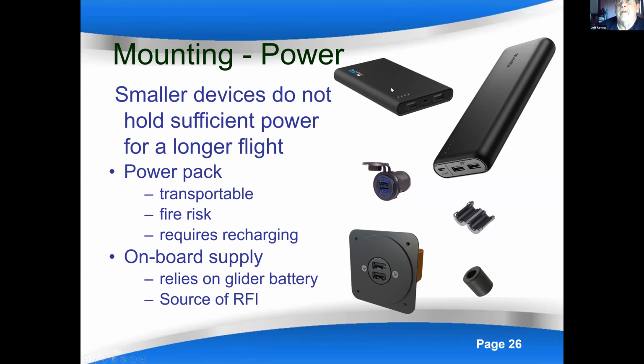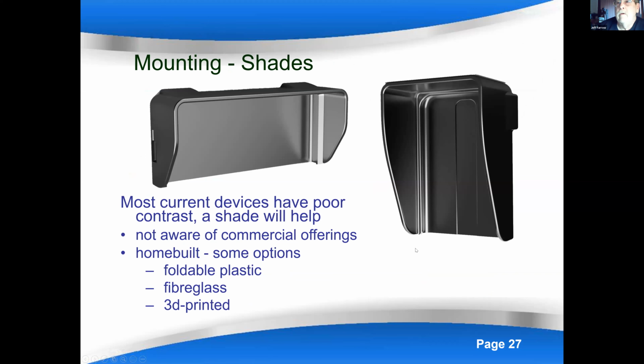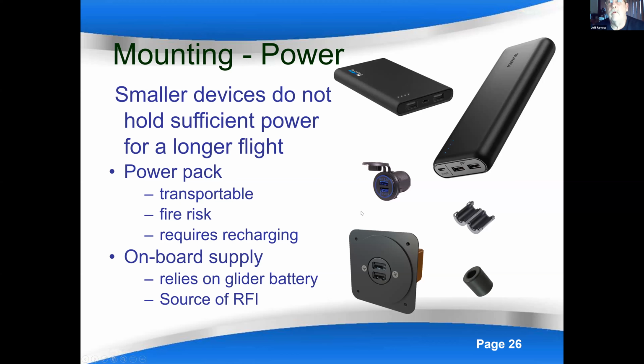And being lithium batteries, there's always concern about fire risk involved with them. Again, you could get USB power supplies, either avionic approved ones or non-approved ones. And again, all our club gliders have a USB output in them.